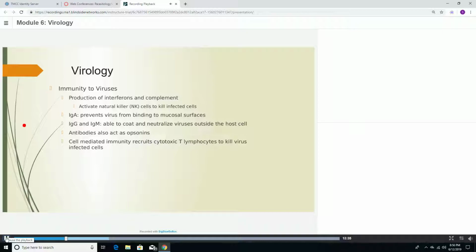So whenever you look at a CBC, and again, this is something that you guys might be noticing, all of our courses are kind of tying in with each other. If you notice on a CBC that our lymphocytes are elevated, that means that a patient probably has a viral infection. If you're looking at a CBC and the neutrophils are elevated, that means that our patient probably has a bacterial infection.